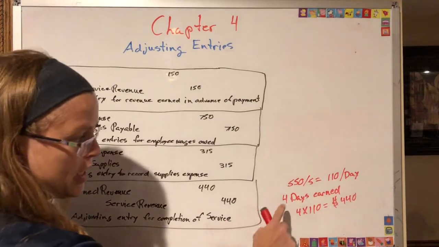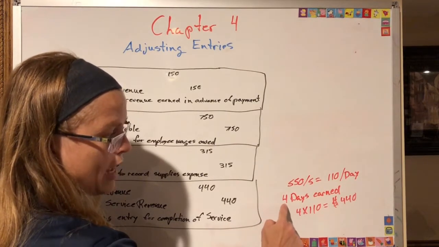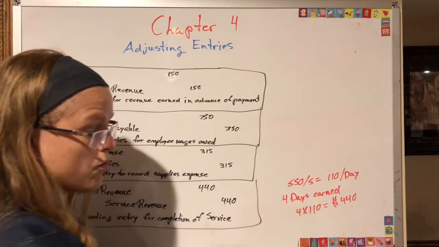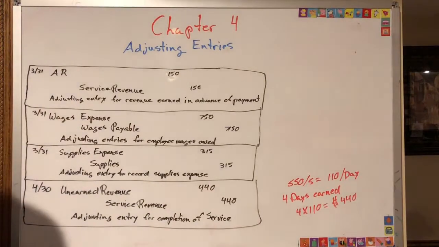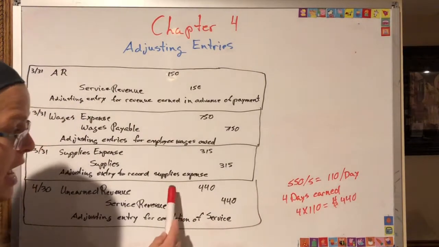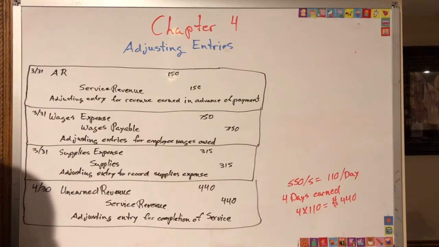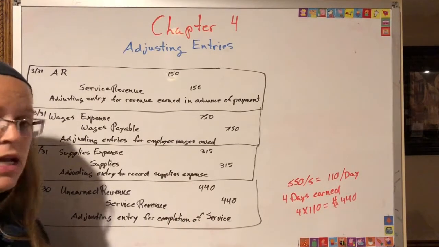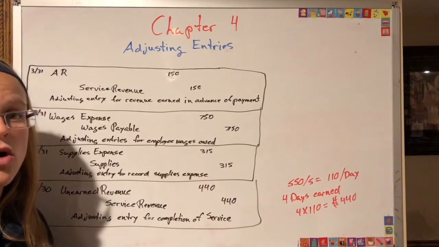But now she gave 4 days of lessons, so those days are earned revenue, right? So those 4 days are earned. So we have to make the adjusting entry to the unearned revenue account. So our unearned revenue account is actually debited instead of credited because that $440 is no longer owed.